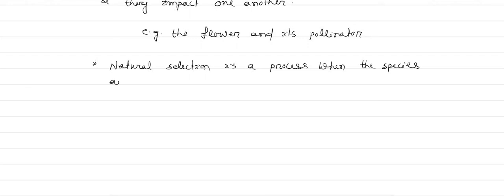Natural selection is a process when the species are better adapted to their environment.